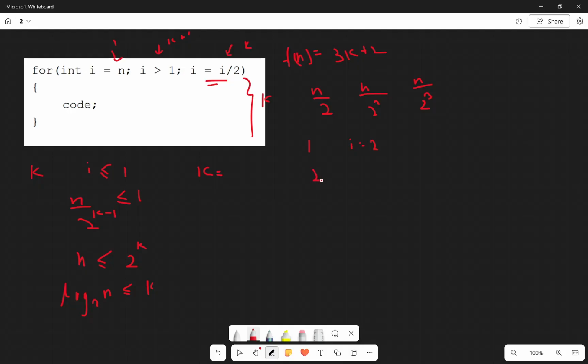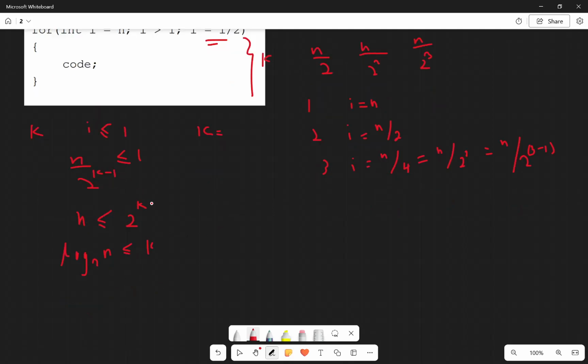So for the second iteration, i is n divided by 2, and in the third iteration it should be n divided by 4, which is n divided by 2 squared. In another way you can say n divided by 2 to the power 3 minus 1. So same way, this has to be k minus 1 instead of k.